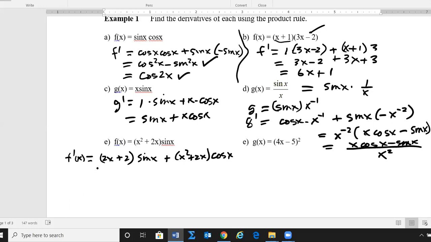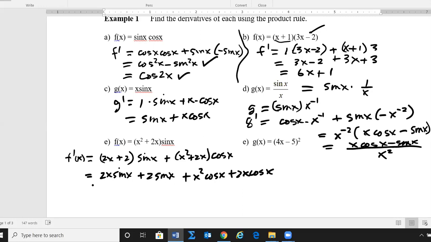All right, here, well, let's see, what can we do? I think possibly just expanding. Let me restart. This will be 2x sine x plus 2 sine x plus x squared cosine x plus 2x cosine x.